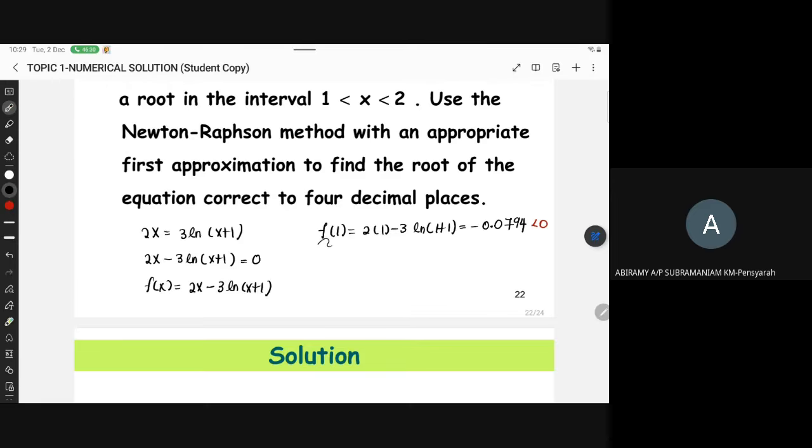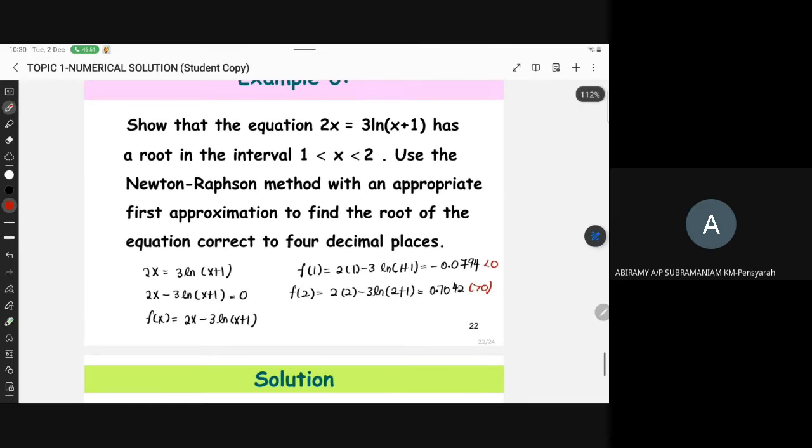Next, we are going to find f(2): 2 times 2 minus 3 ln 2 plus 1. You will be getting 0.7042, which is greater than 0.